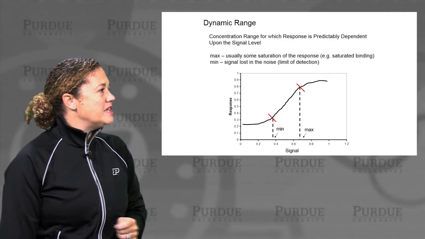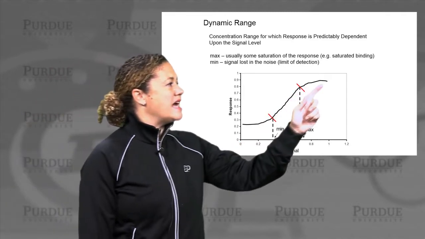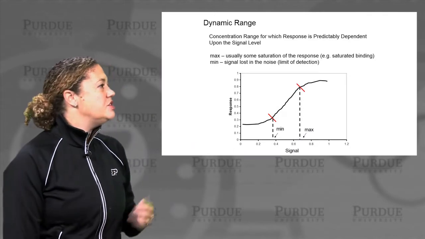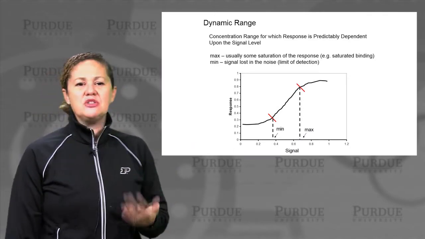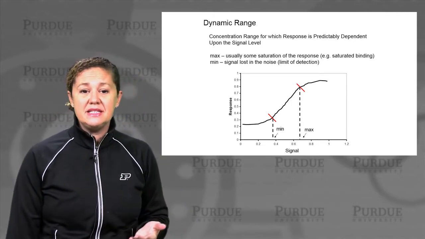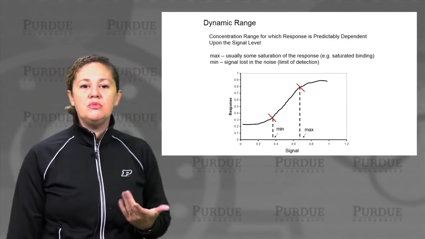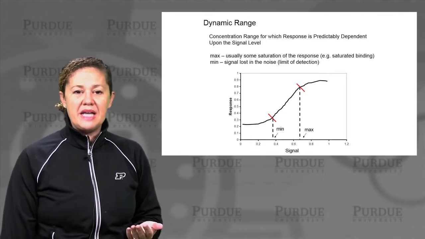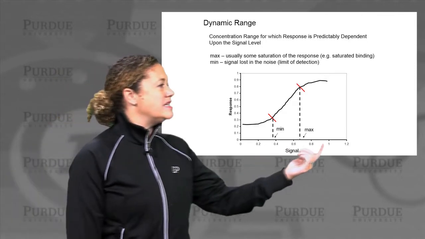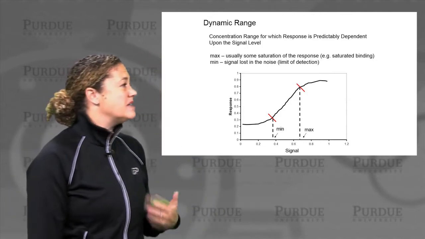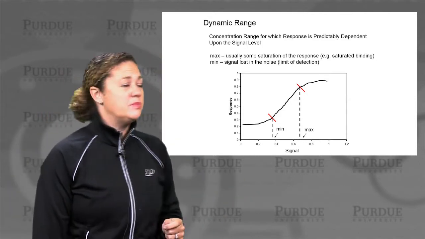And so in our biological systems, this saturation out here of our response curve is usually from the physical saturation of the response, such as binding. In the case of two molecules binding, there's only so many possible binding sites. So in that case, increasing signal once you've saturated the binding sites doesn't further enhance a response.